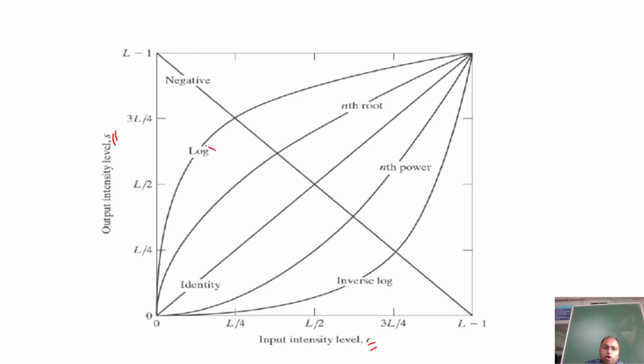These are the log and anti-log curves, that is, a log curve and an inverse log curve. As we are studying the logarithmic transformation method, the log will be coming into the picture, so over here log and anti-log will be coming into the picture.